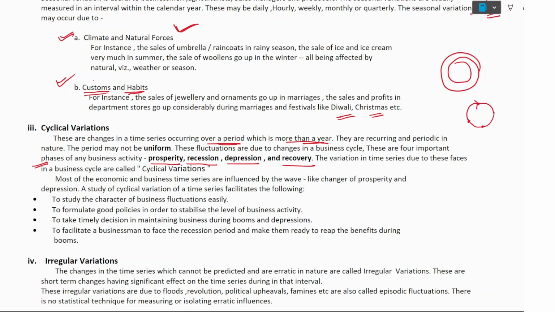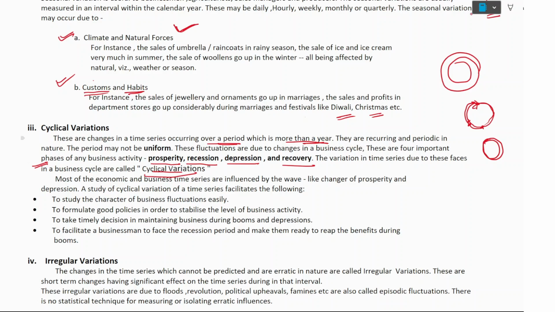The COVID season is the best example. Most businesses came down to recession, then deep into depression, and again recovery happened. This is the way the changes happen in the cyclic motion. The variation in a time series due to these phases is called cyclical variation. Most economic and business time series are influenced in this way.